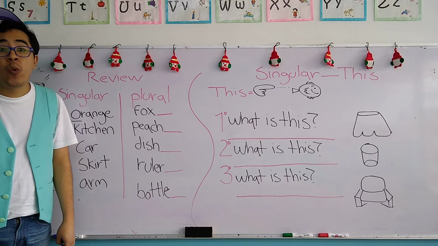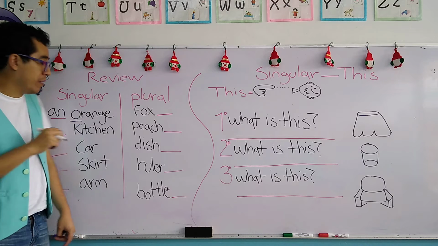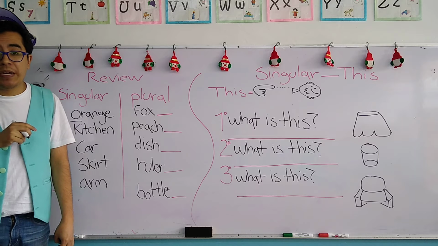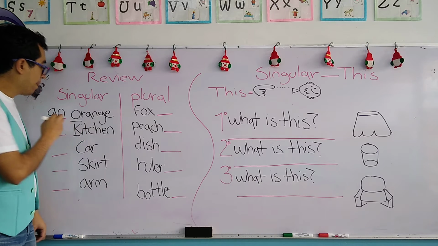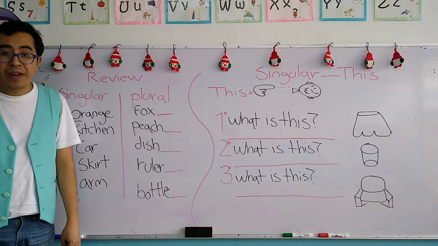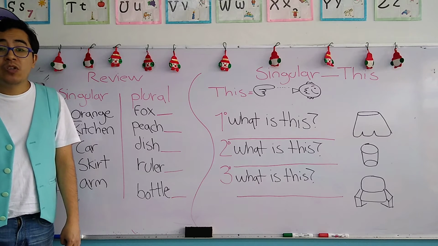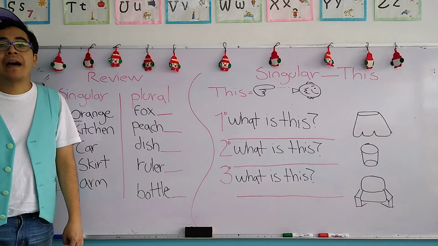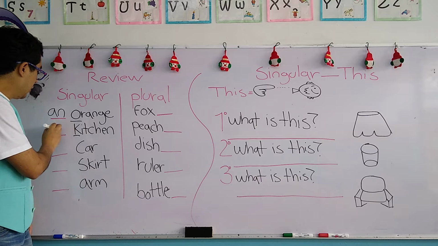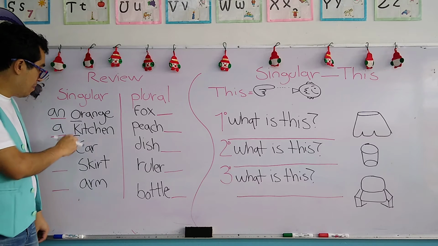In Spanish, una, only one, una naranja. Let's continue with the second. It says kitchen. Now, kitchen begins with the letter K. Is the letter K a vowel? No, it isn't. So, an or a? A kitchen, una cocina.